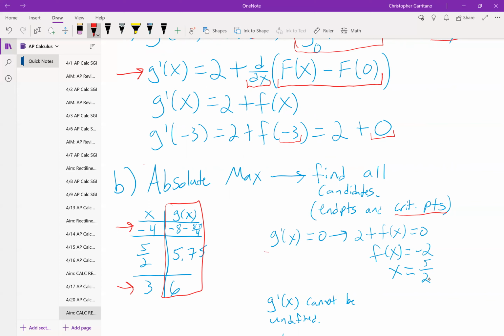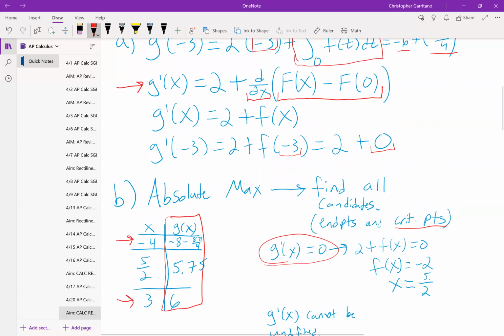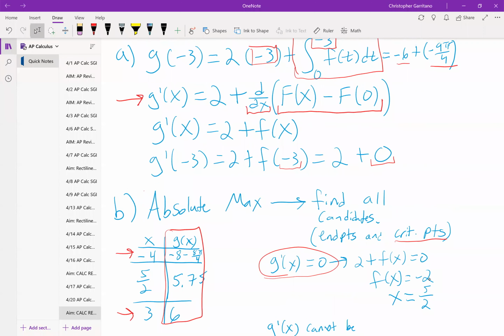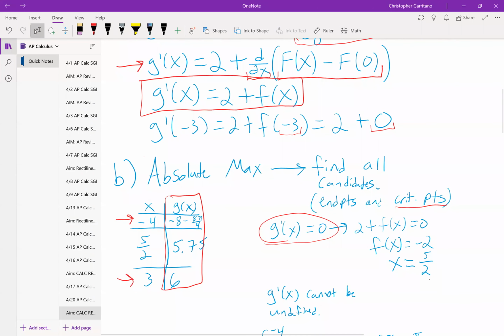So first I started out, well, when is g prime of x equal to 0? Well, first of all, g prime of x, you might recall, is equal to 2 plus f of x. So I just simply set that equal to 0. That is the same thing as saying, when is f of x equal to -2?